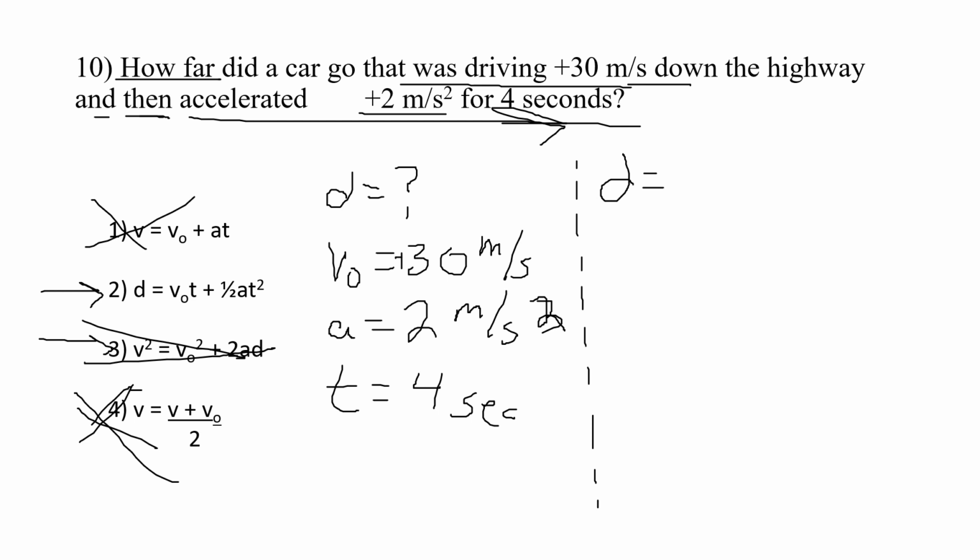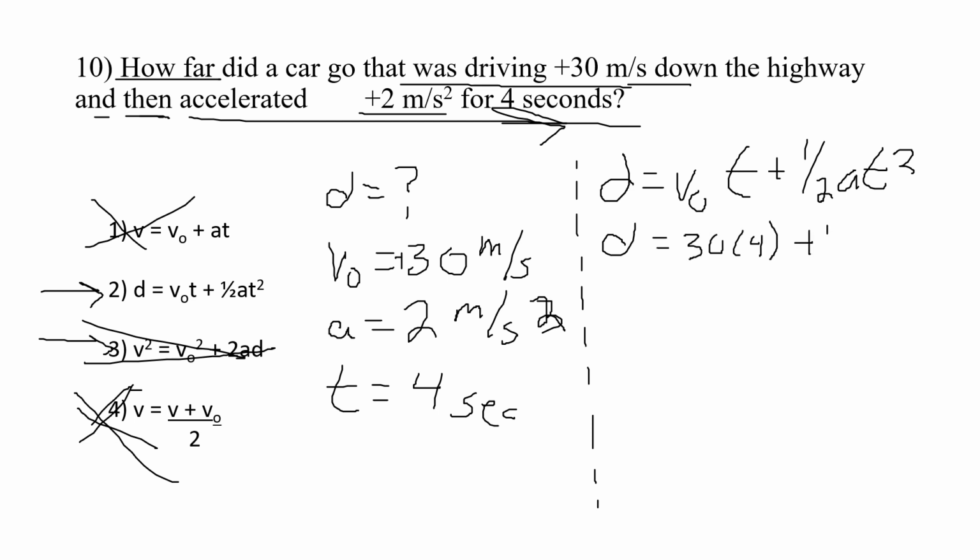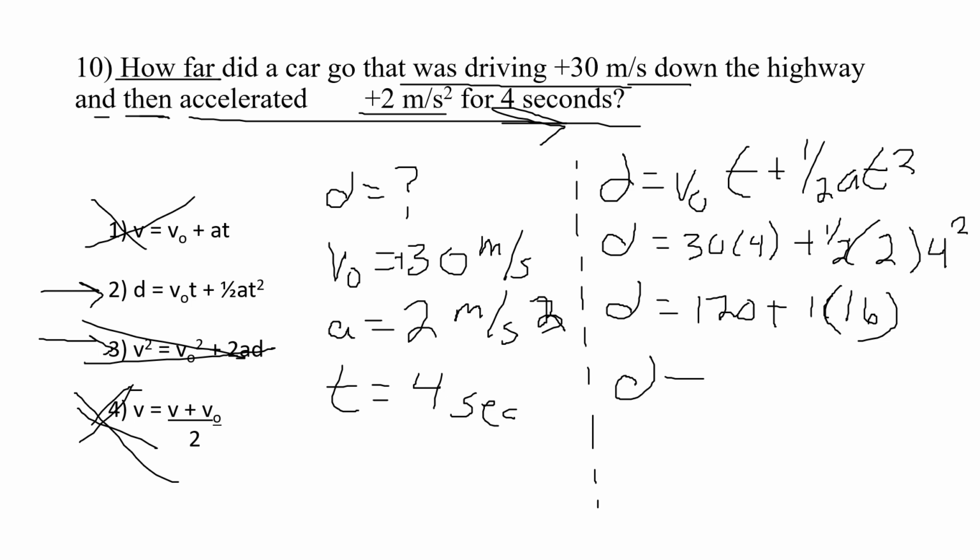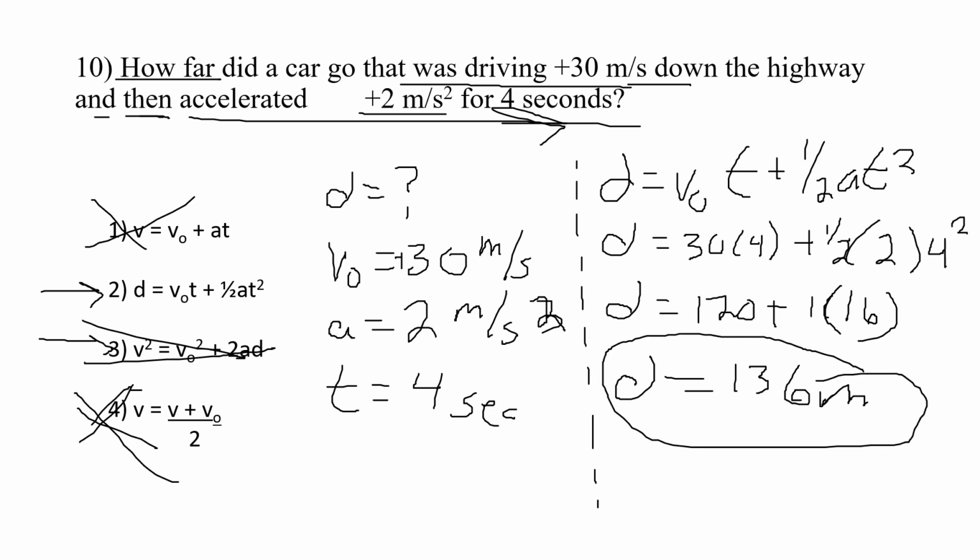We don't have a v, and we have a t. d equals 30 times 4 plus 1/2 times 2 times 4 squared. 120 plus 1 times 16. d equals 136. Nice.